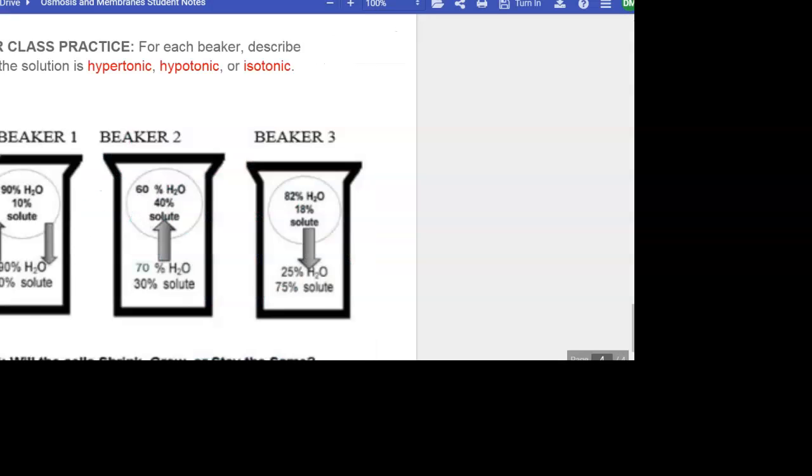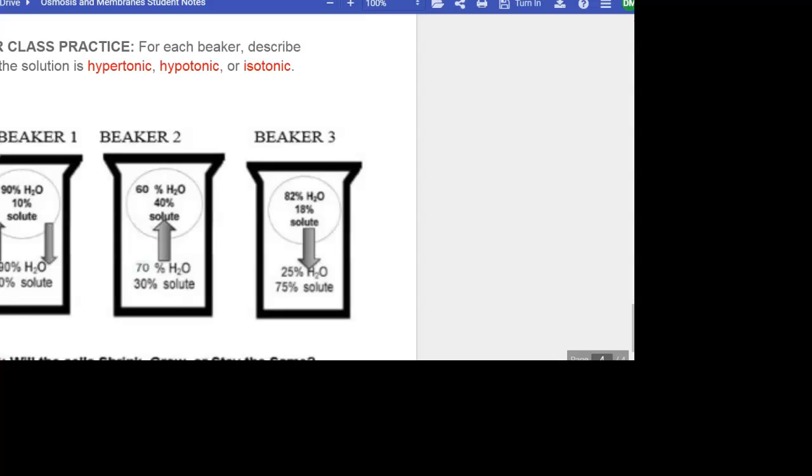All right, so let's try a little practice here. And I'm going to caution you, there's one thing I don't like about this particular practice, and that is it acts as if cells have different amounts of water in them, when in fact, any doctor will tell you, anybody in healthcare will tell you, all cells have 99.1% water and 0.9% solutes.